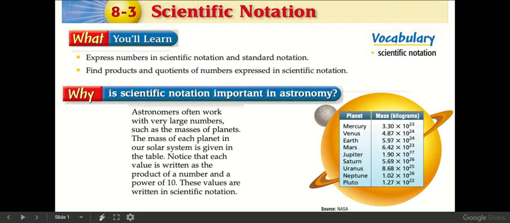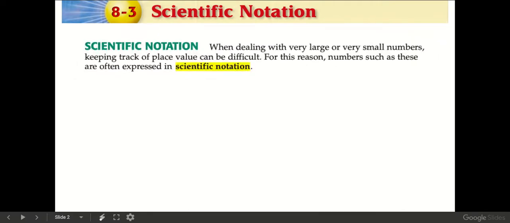That's where scientific notation comes into play, mostly in science, when we're dealing with such massive quantities and values. It also comes into play with really small values, like in biology, if I was trying to measure cells, those distances are so small that they require tons of decimal places to represent them. So scientific notation is very helpful in that way.